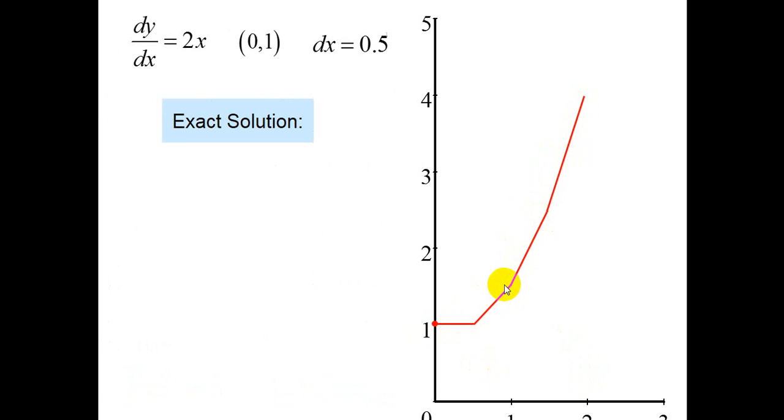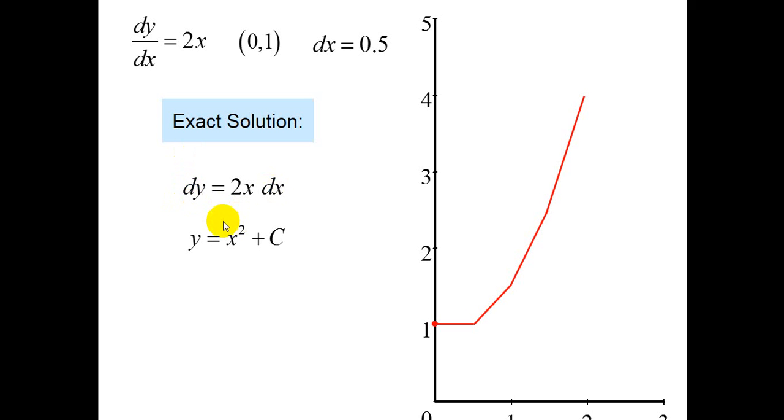So how do we find the exact solution? Given dy over dx equals 2x, with x0 equal to 0, y0 equal to 1, and step size delta x equal to 0.5. To find the exact solution, first we need to separate the variables.